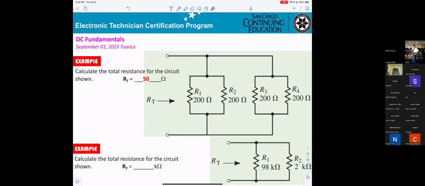Okay, and if you want to calculate I1 using the current divider law, okay, if you want to calculate the power of R1, use E squared divided by R1, okay, power of R2, E squared divided by R2.